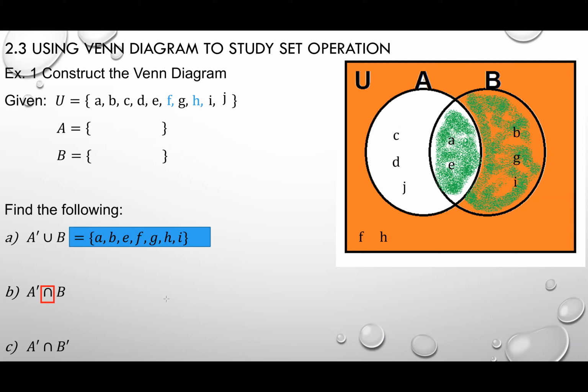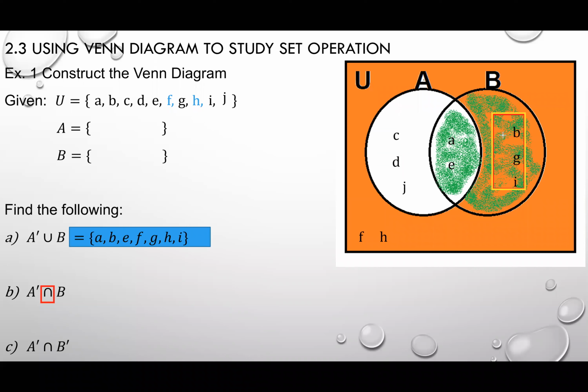The main difference, and this is what I want you to see, between the union versus the intersection is this. The union, as long as your paint touches, you accept them, you put them together. The intersection, in order for you to grab it, has to be double shaded. It has to be the overlapping.